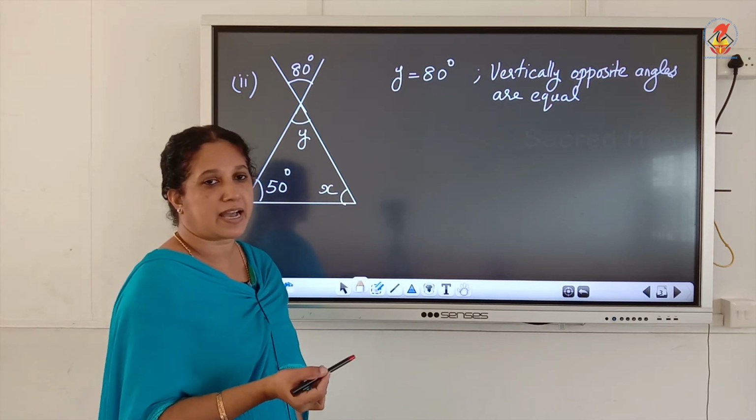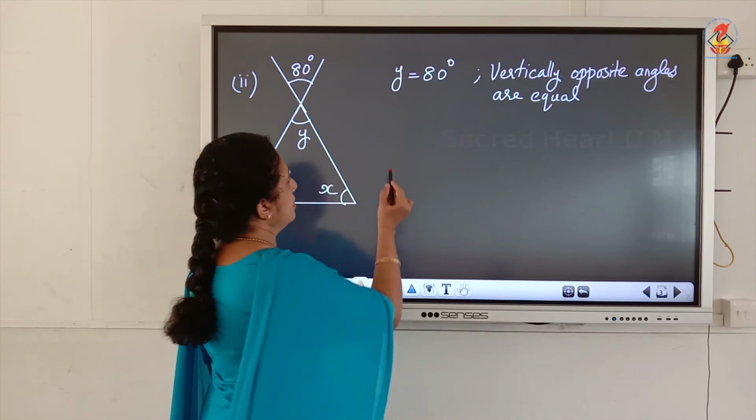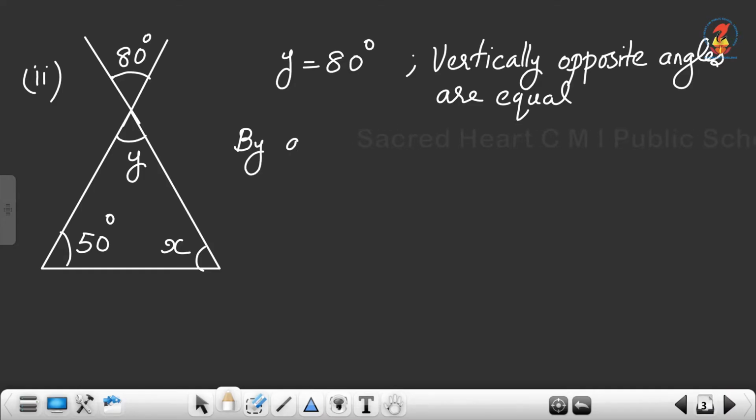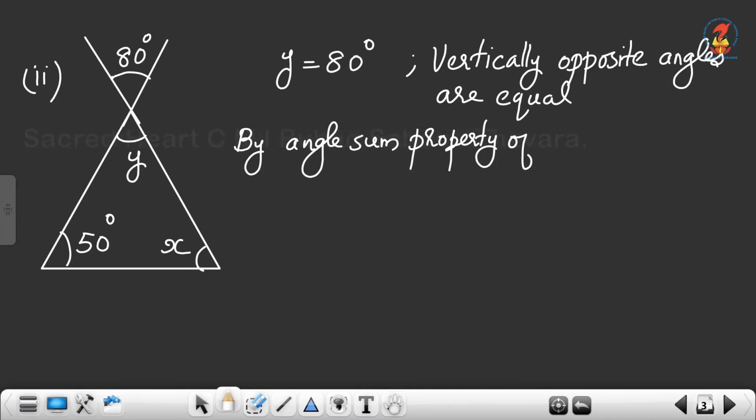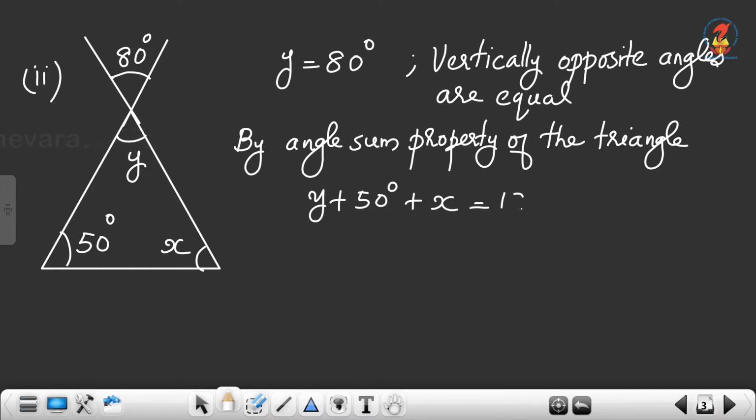Now we can use the angle sum property. So by angle sum property of a triangle, y plus 50 degree plus x equal to 180 degree.